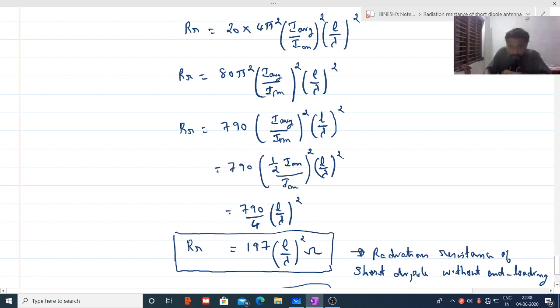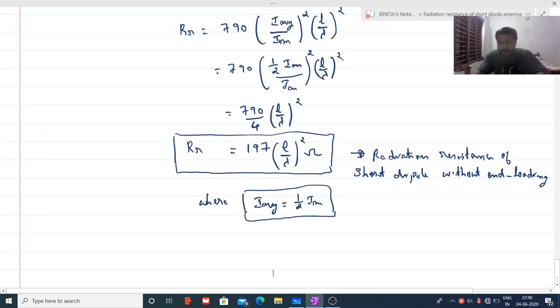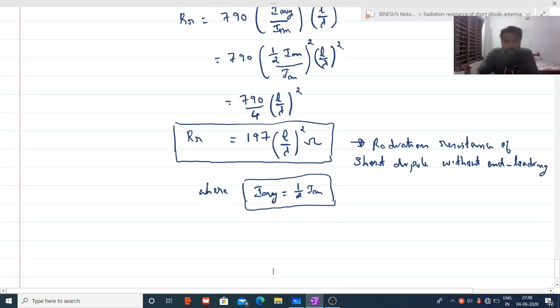Now it is clear. So the radiation resistance of a short dipole without any loading, where I average is about 1 by 2 into Im. Now it's clear.